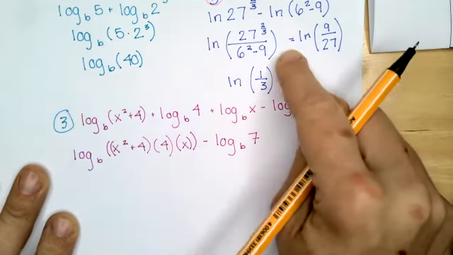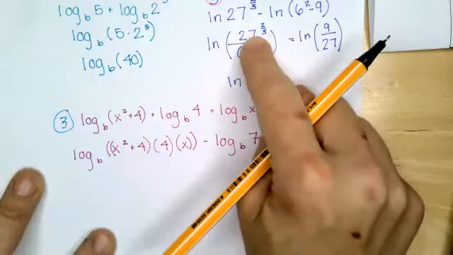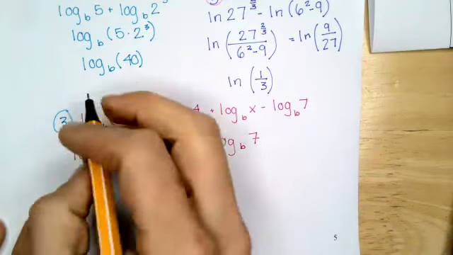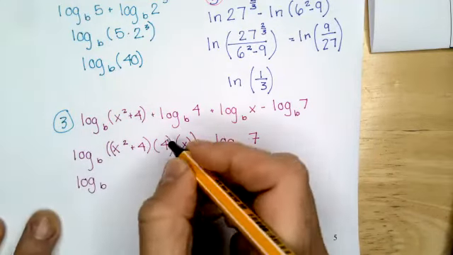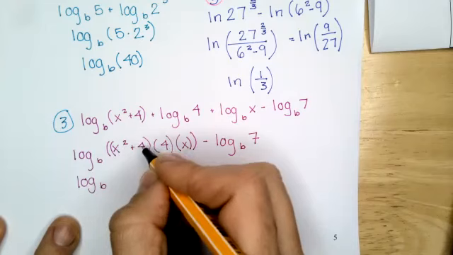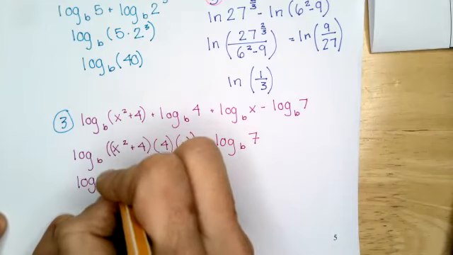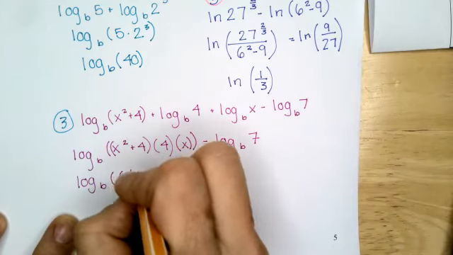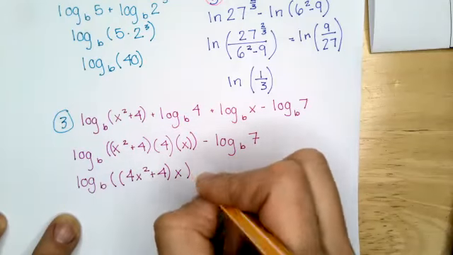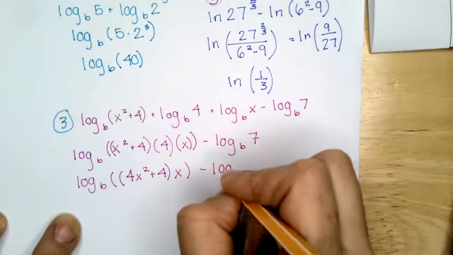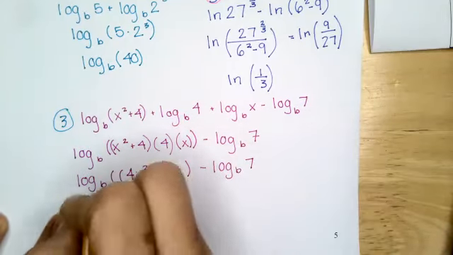So just like I said, you don't need to do my order like this. I'm going to multiply this now to get it into its simplest form, not factored form. So x squared plus 4 times 4 is just going to be 4x squared plus 4 times x. I'm doing these one at a time. You can do them all together if you want.